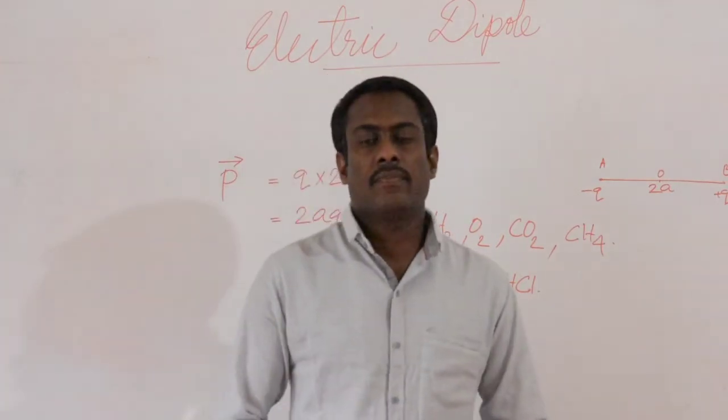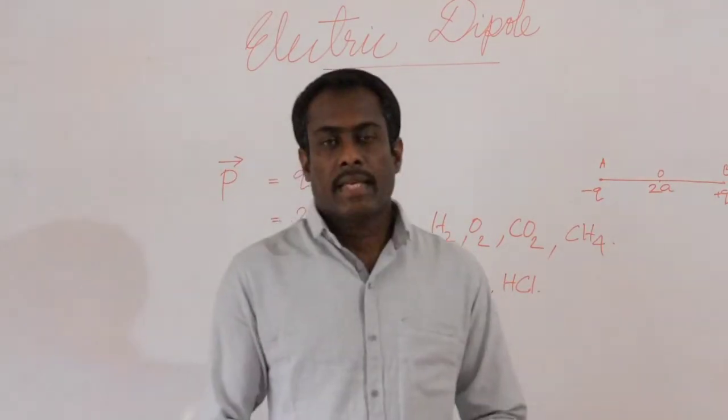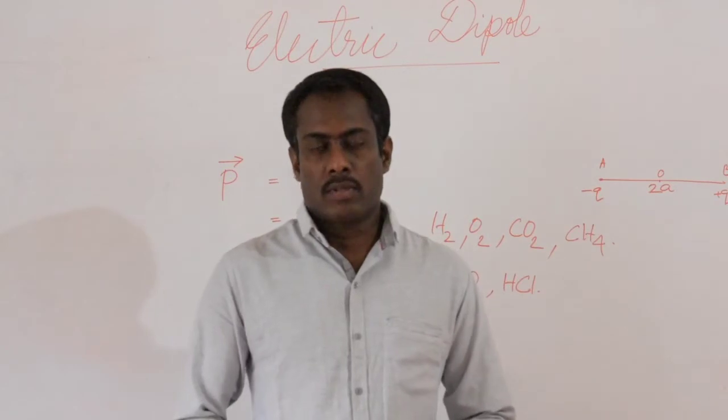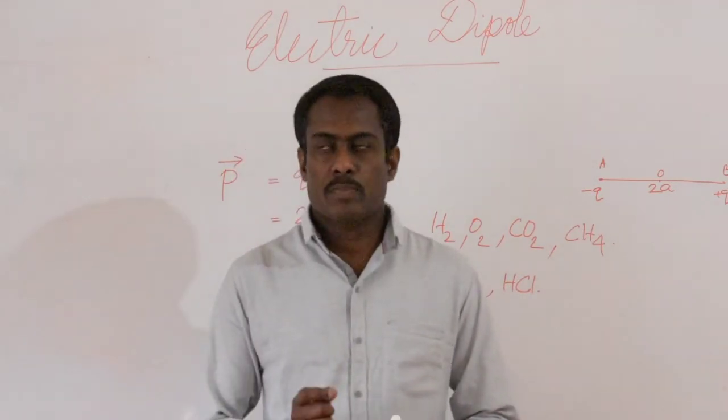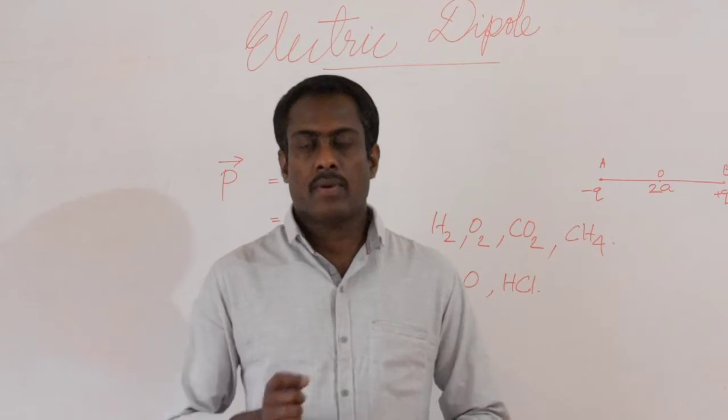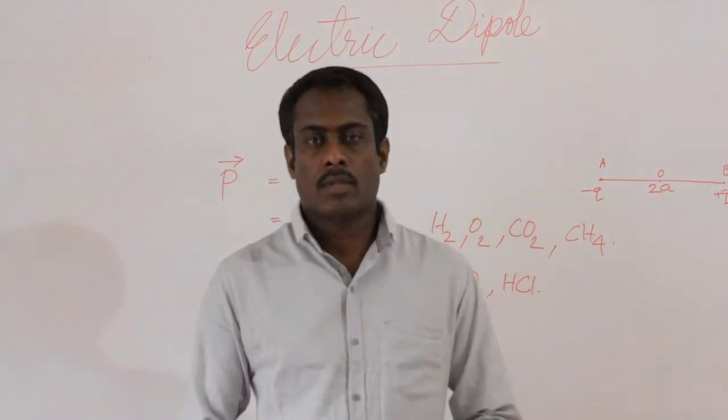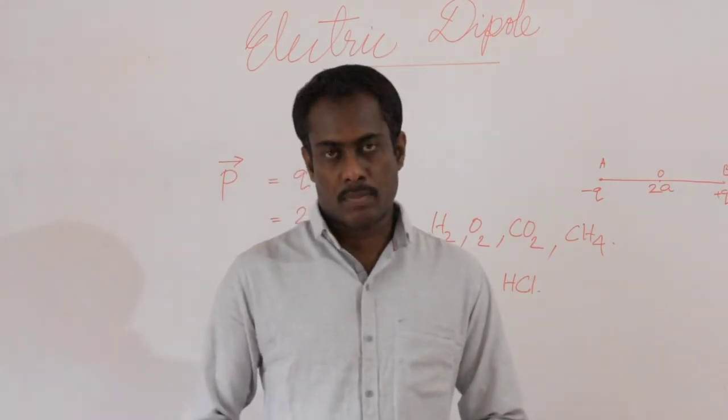The next topic is the field of an electric dipole. The electric field due to an electric dipole at any point in space can be found by Coulomb's law and the superposition principle.